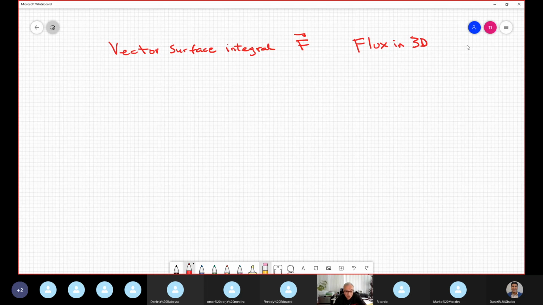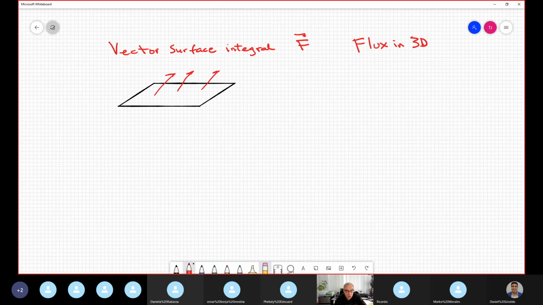Okay, let me try to explain in detail this idea. Look, suppose we have a surface like that. We have a vector field like that.